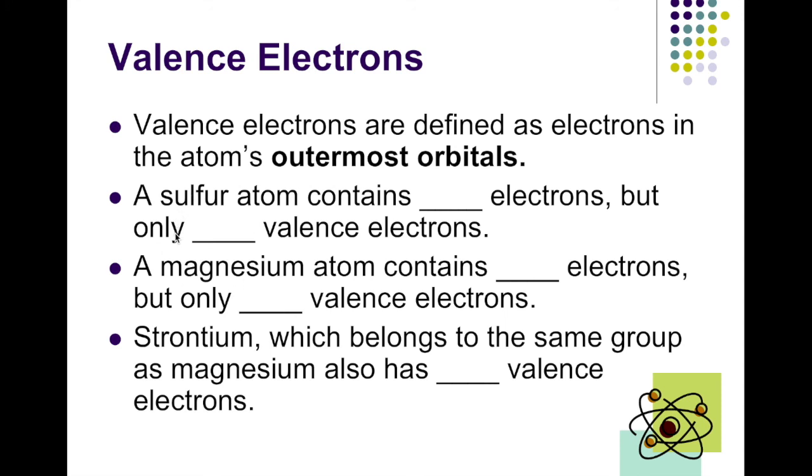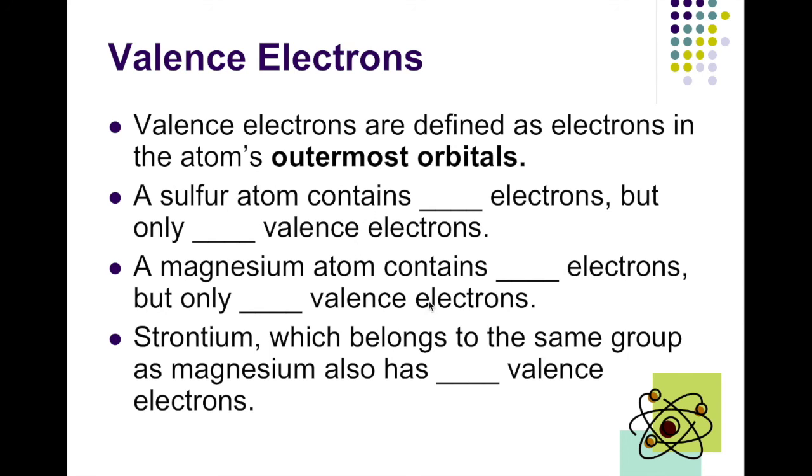Remember, for group numbers 13, 14, 15, 16, 17, and 18, subtract them by 10, and that'll get you the valence electron count. Remember, 13 through 18, subtract by 10, that gets you the valence electron count.